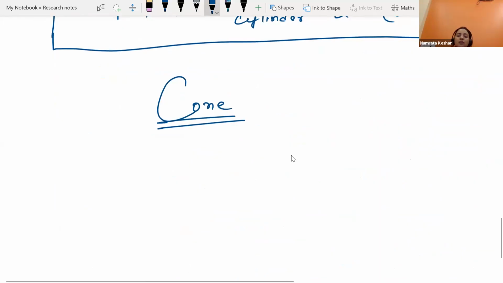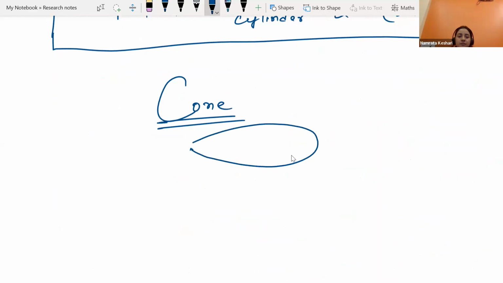Now in cone, suppose I'm drawing a cone or a conical shape. Okay, this is a cone. You must have seen this conical shape in your real life also.